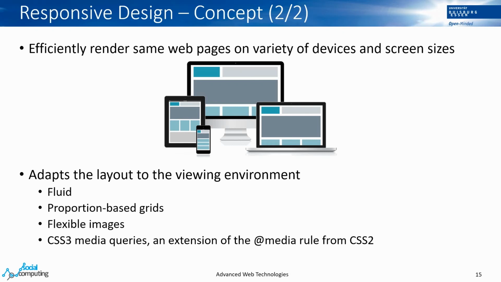For example, in a CSS media query, let's say you have a class A, you can define how it will be shown on a device with 500 pixel resolution, and how it will be shown on a 1200 pixel resolution, and how it should be shown if someone is accessing it from a device which has a landscape layout, or a portrait layout.